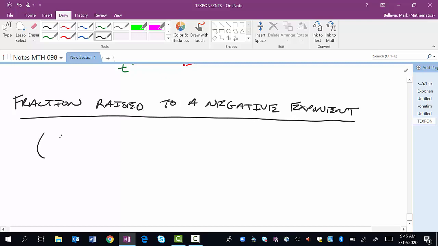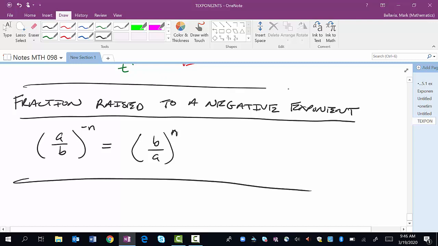So suppose I have a over b, some fraction, raised to the negative n power. The easiest way to handle this is you're actually going to take the reciprocal of the inside, meaning flip it, so it's going to be b over a, and then you make the power on the outside a positive value, so positive n. And that's the rule.